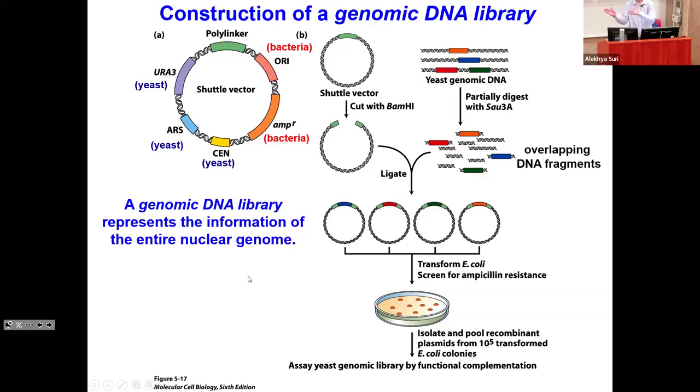You can also do similar things in, for example, worms. Okay, so a genomic DNA library is a collection of DNA fragments representing an entire genome.